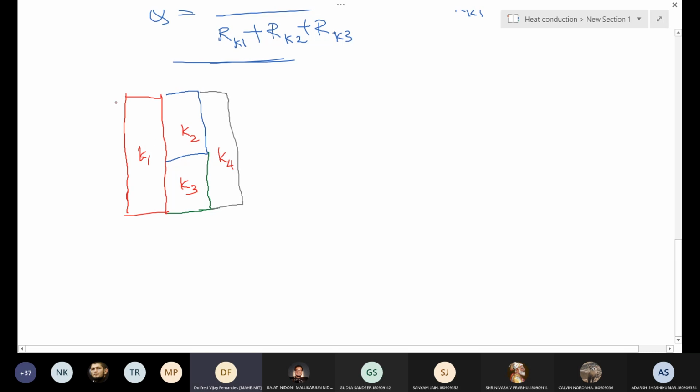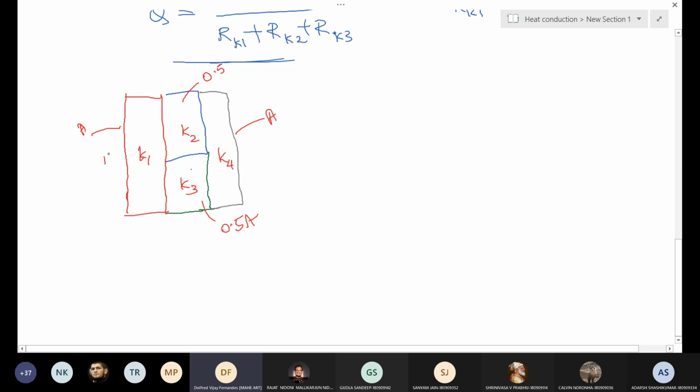The area of the first wall is A1, and this one also has the same area A. But these two walls each have 50% of that area, that is 0.5 A. So how will you solve this problem? You have to again write the electrical circuit. Very easily you can do that.